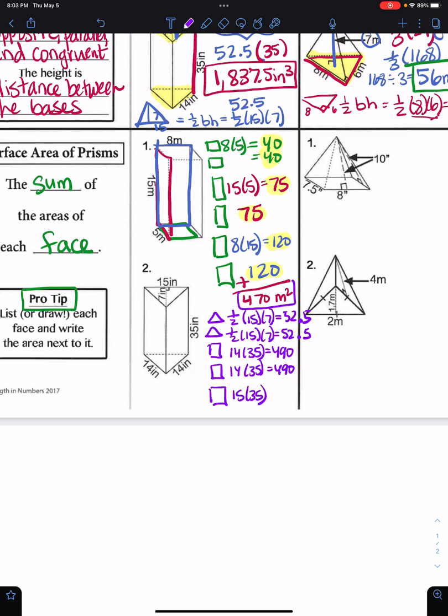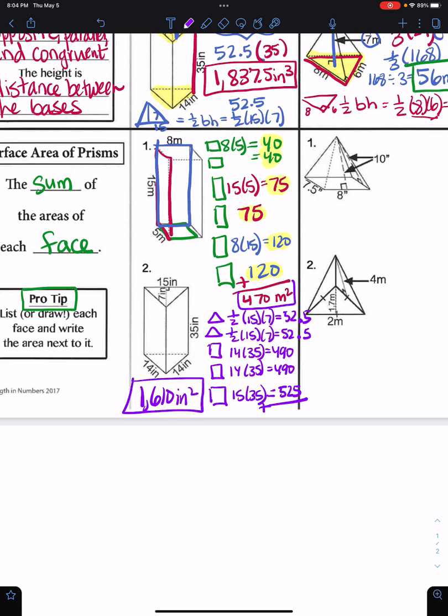And then there's going to be the 15 by 35 back piece, which is 525. All right, and then I'm going to add them all up. So 525 plus 490 plus 490 plus 52.5 plus 52.5 is 1,610, and it's going to be inches squared.